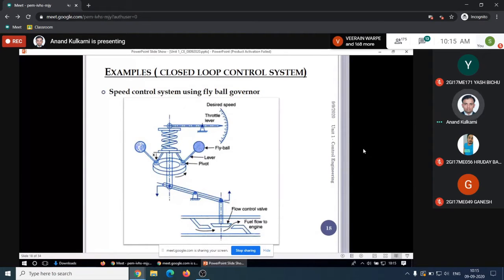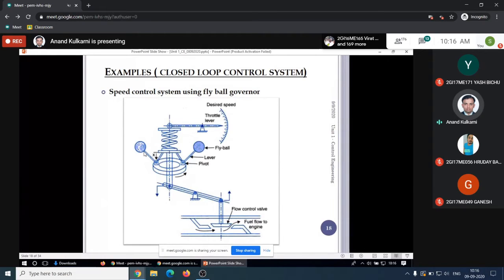Similarly, this is an example of the Watt governor experiment you have done in our DOM lab also. The Watt governor is a speed control device. It will control the speed. See, here you can see the two balls, and as the speed increases, the centrifugal force is m omega square r. As the mass of the ball is constant, omega increases as the speed increases.